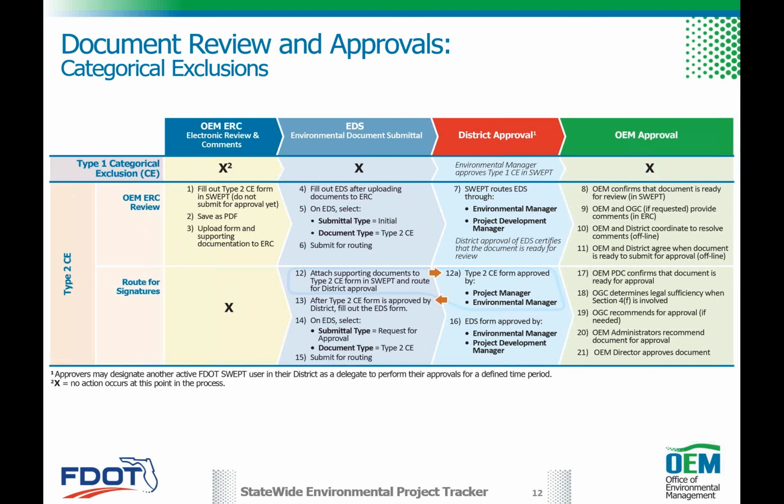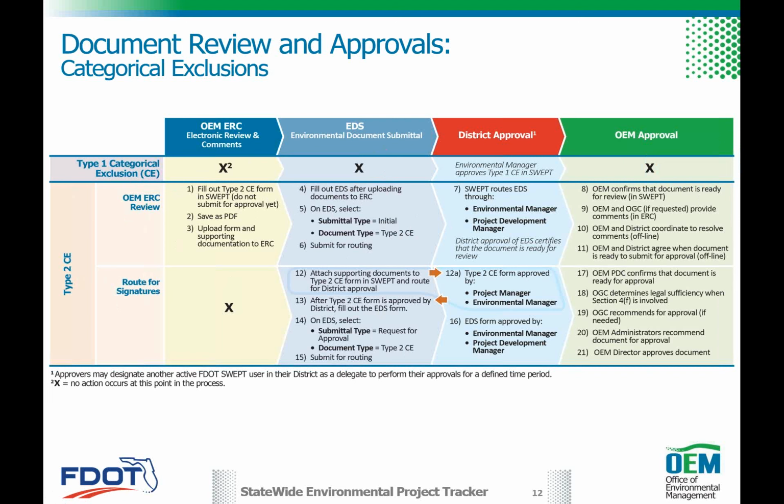That also means that those eyeballs are there because they're the technical managers or the approvers, and they're making recommendations ultimately to the director of the Office of Environmental Management for the department's signature. So there can be, and probably will be, at least till we all work everything out, comments that occur through all steps throughout the process. So I just want folks to be mindful of that.